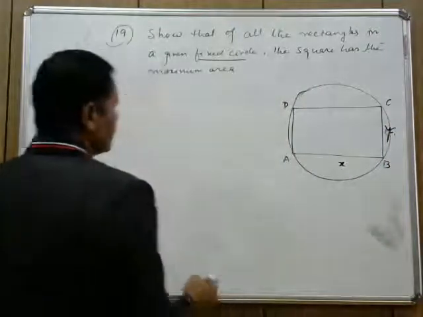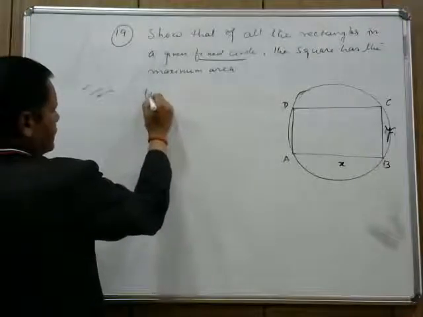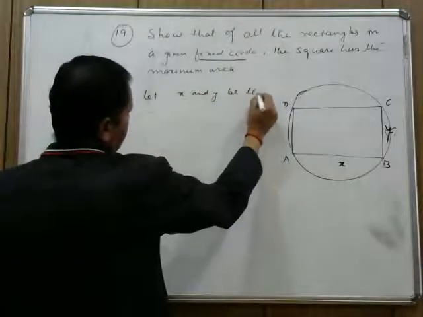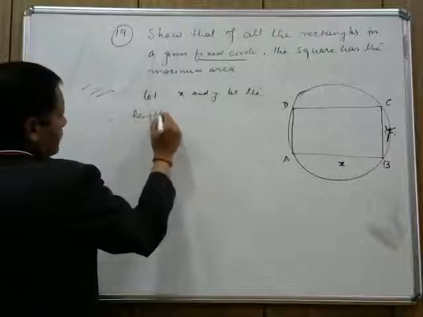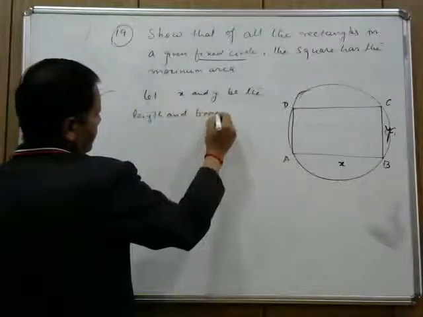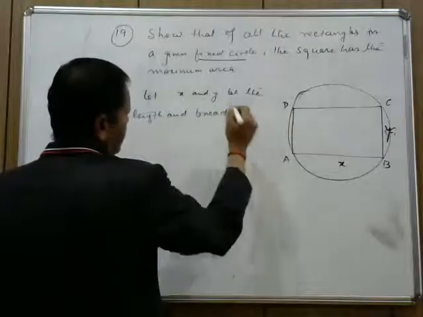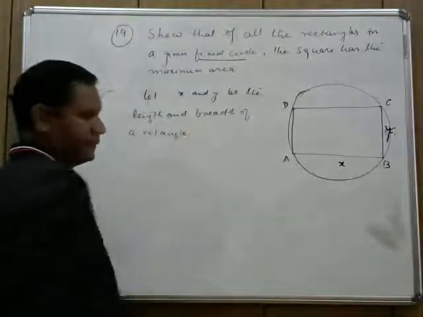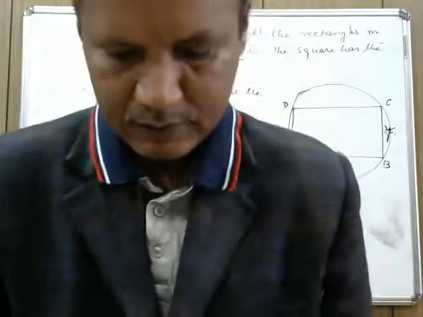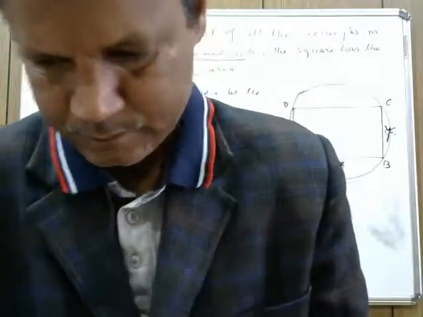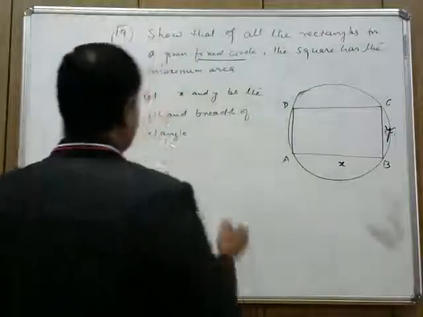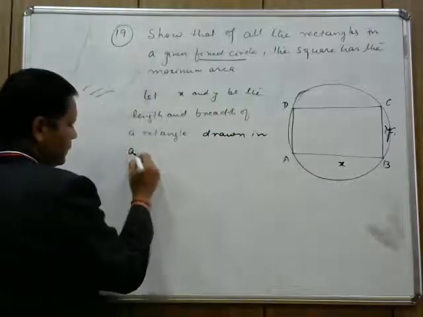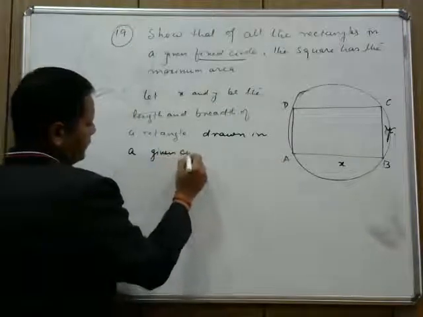So now you write, let x and y be the length and breadth of a rectangle drawn in a given circle.